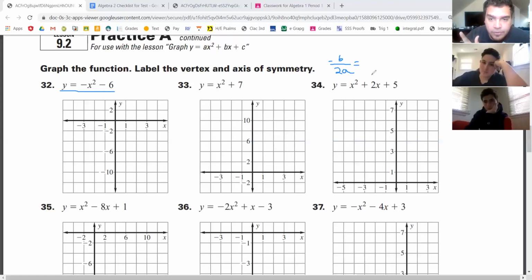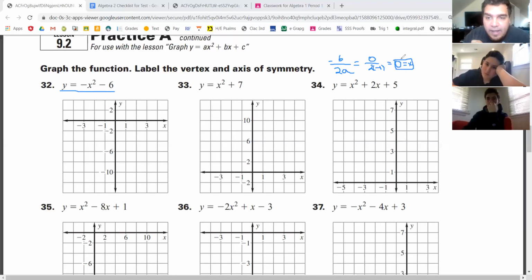So what's the x of the vertex? -b over 2a. Don't forget. It's going to end up being 0 because it's 0 over 2 times -1. Who cares what's in the bottom because 0 is on top. So your x is 0. And remember, this is the x of your vertex.